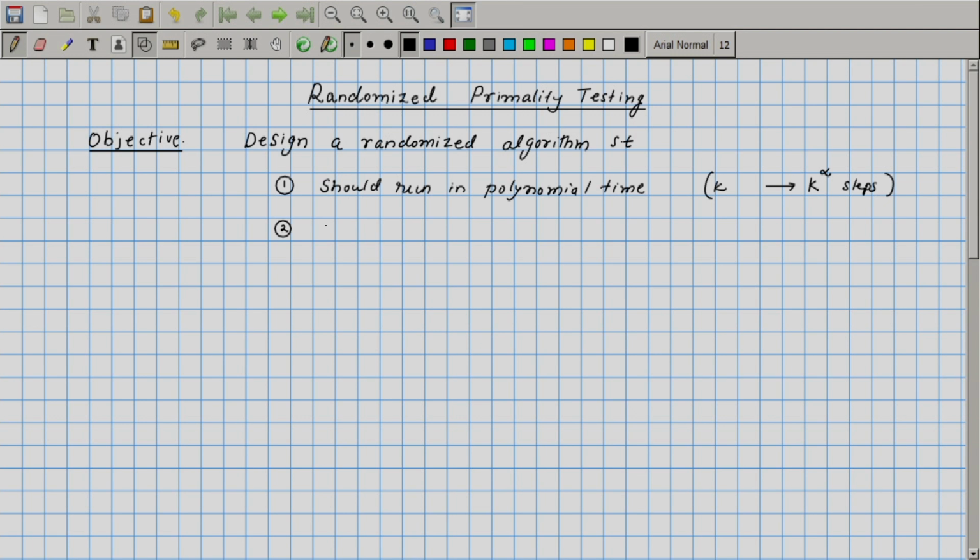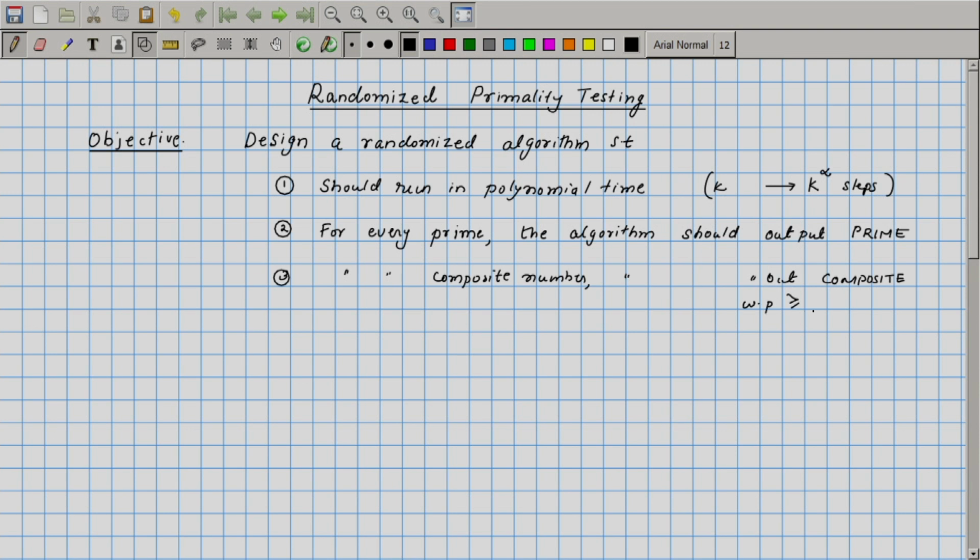The second requirement is, for every prime, the algorithm should output prime, and for every composite number, the algorithm should output composite with probability greater than half.